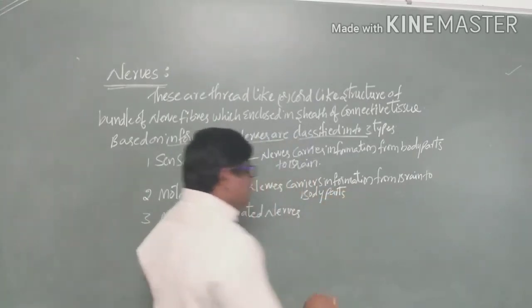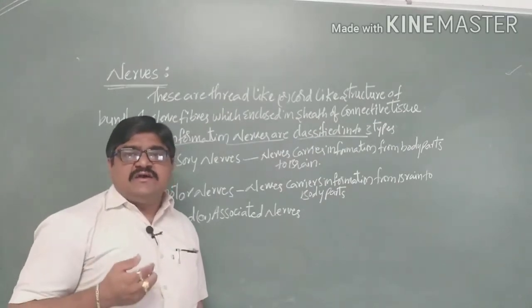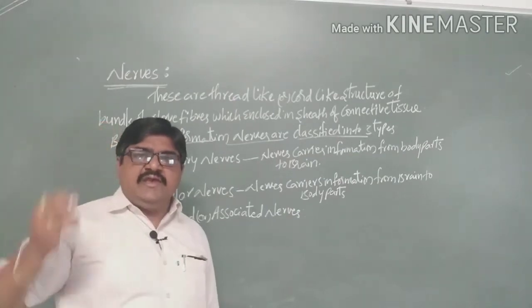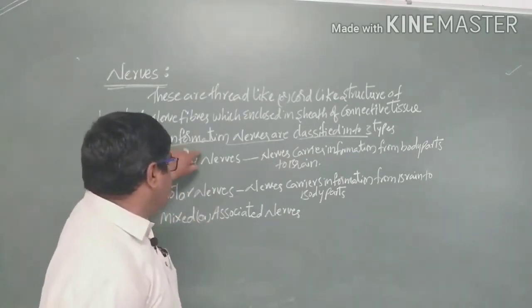Such nerves are called motor nerves. So sensory nerves carry information from body parts to the brain, and motor nerves from the brain to the body parts. So you can call them sensory and motor nerves.